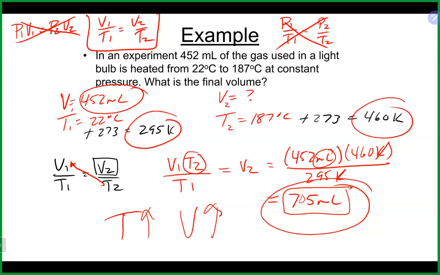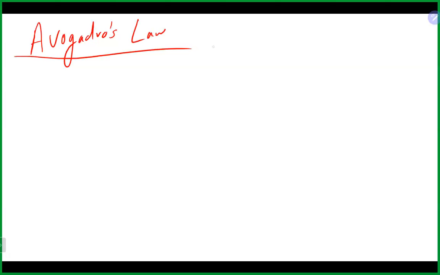Now, another gas law that's important to lead us to a very important gas law is our friend Avogadro. Our friend Avogadro had a number, but he wanted a gas law as well. When we think about Avogadro, that is 1 mole.